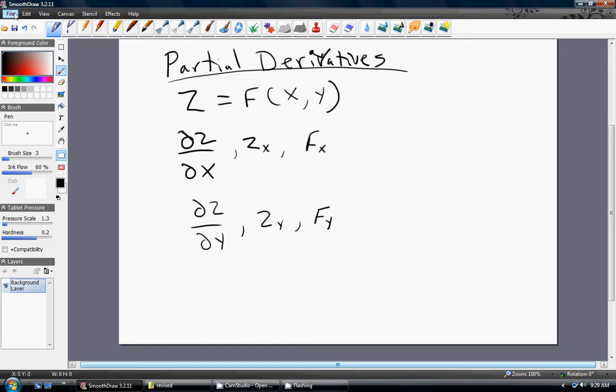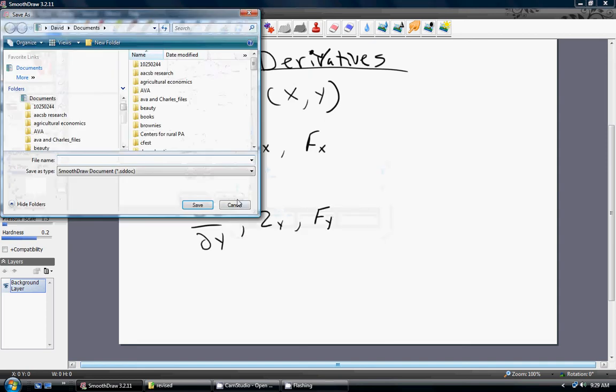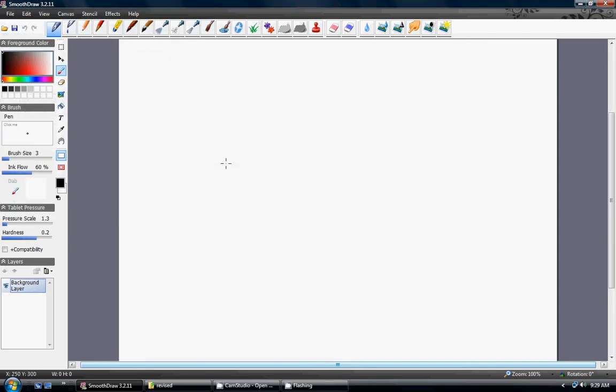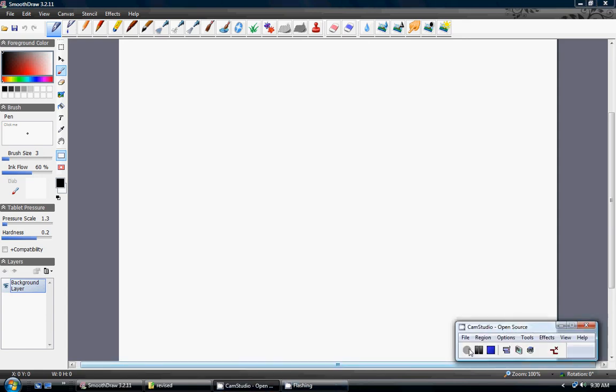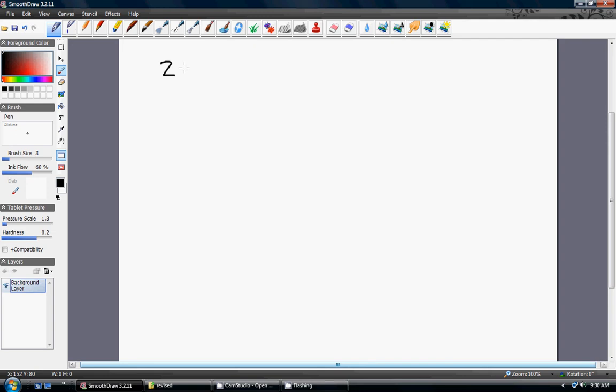Okay, so let's get a new clean sheet here. The best way to see what partial derivatives are all about is let's do some examples. Let's say that z just equals a constant.